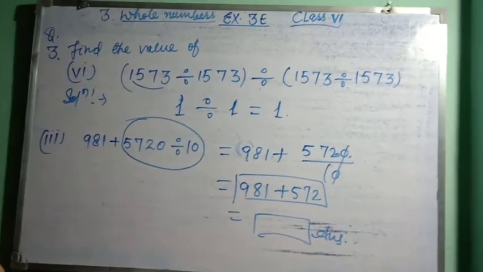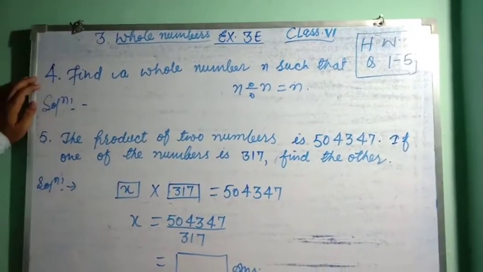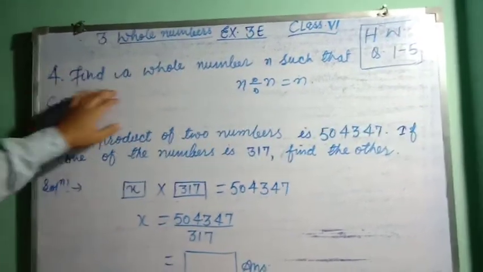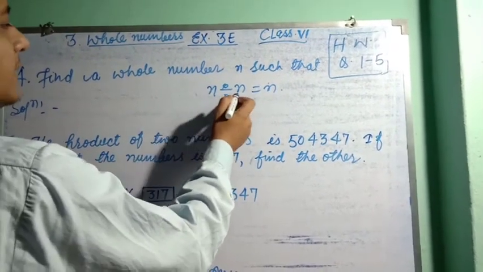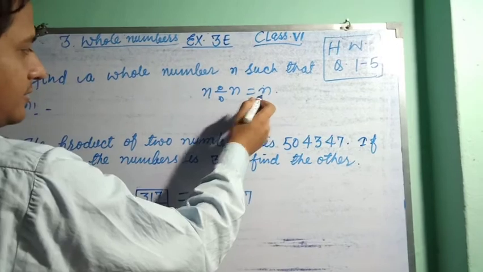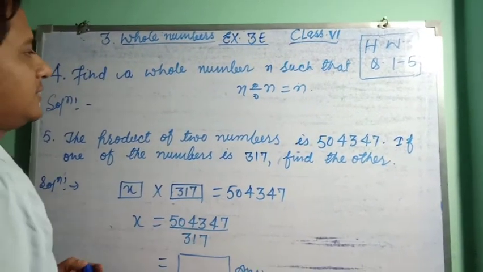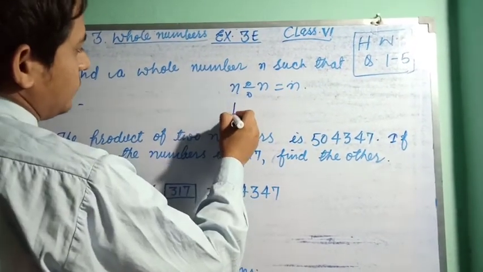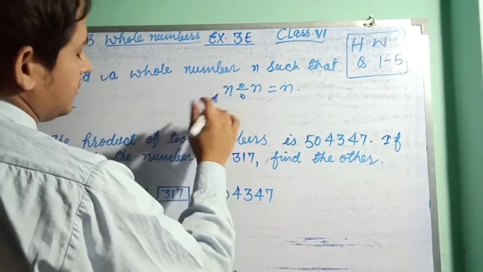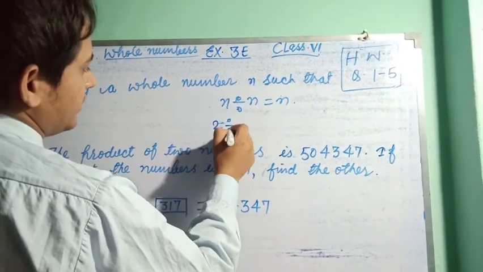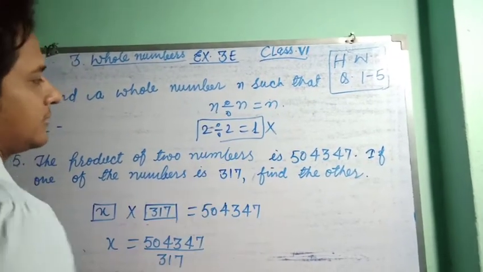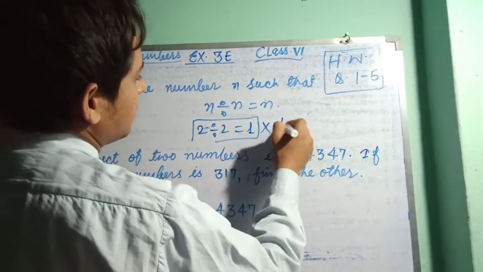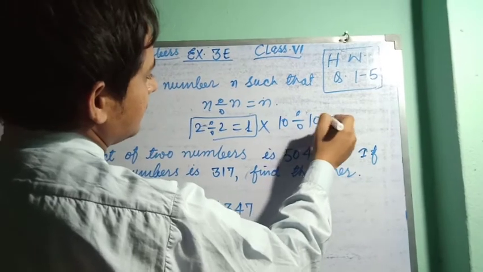Now friends, see the fourth question. Find a whole number n such that n divided by n is equal to n. Now think, suppose the example is 2 divided by 2 is equal to 1. No, it is not correct. Next, suppose 10 divided by 10 is equal to 1.